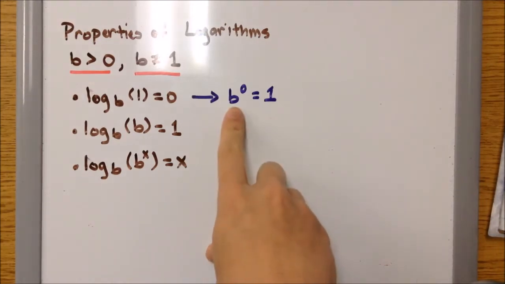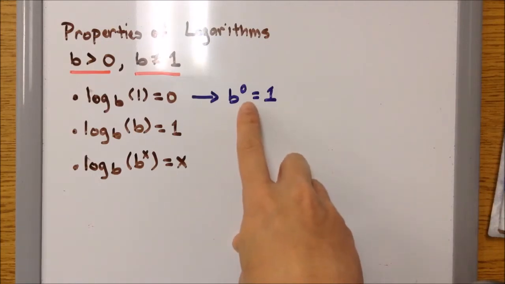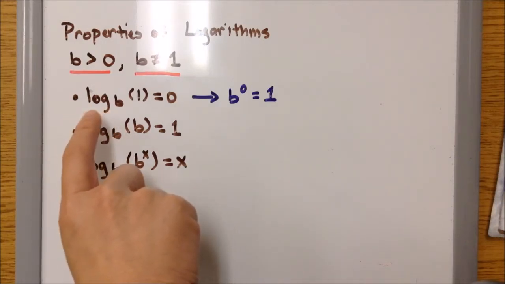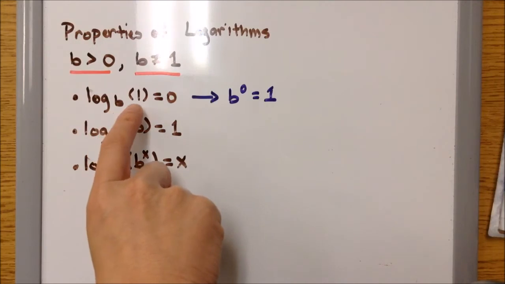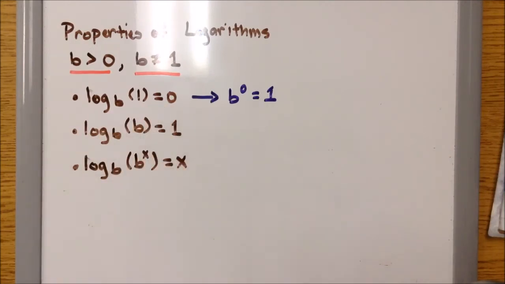So if our base was, say, 2, 2 to the 0 power equals 1. If 5 is our base, 5 to the 0 power is 1. So any base to the power of 0 is always 1. So whenever you see a log of 1, it's always going to equal 0.